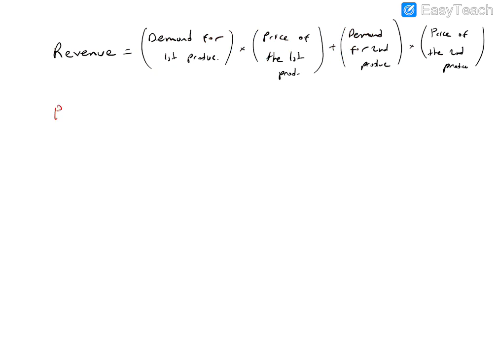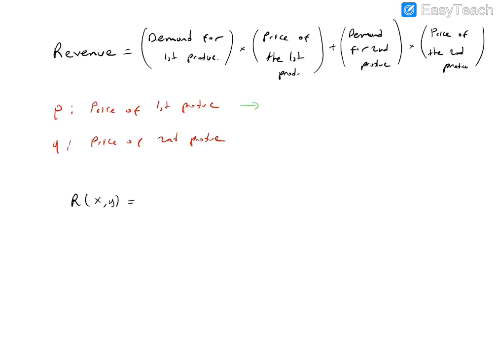Here p is the price of the first product, and q represents the price of the second product. So the revenue will depend on x and y, or p and q, which depend on x and y. In terms of x and y, let's write it.